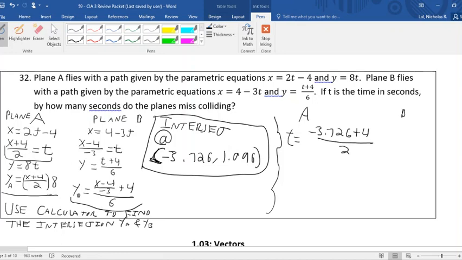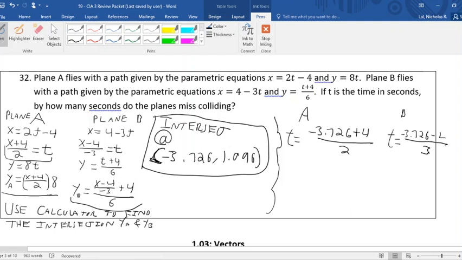For B, t is going to be equal to (negative 3.726 minus 4) divided by negative 3.